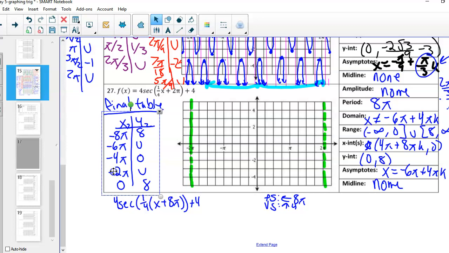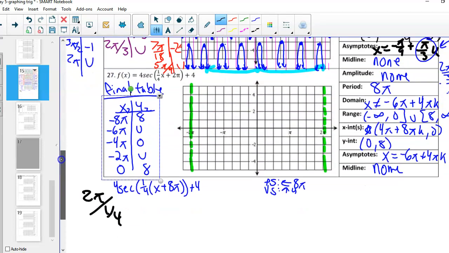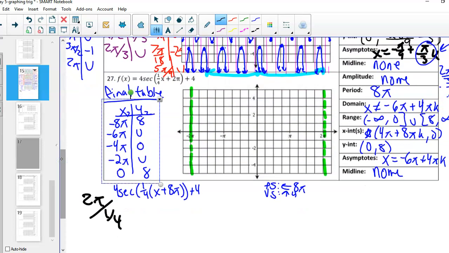Questions on that one? Yeah. How do you get a period of 8 pi? So if we have 2 pi over 1/4, because that's the number in front of x, you would multiply by the reciprocal to get that 8 pi.